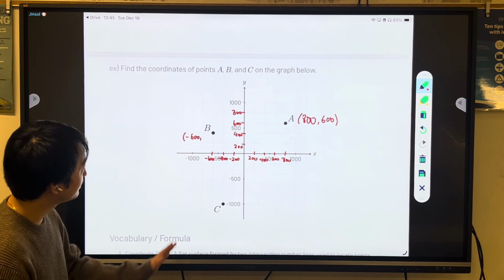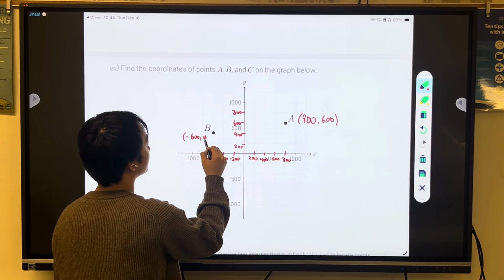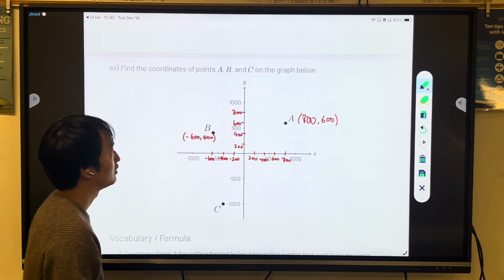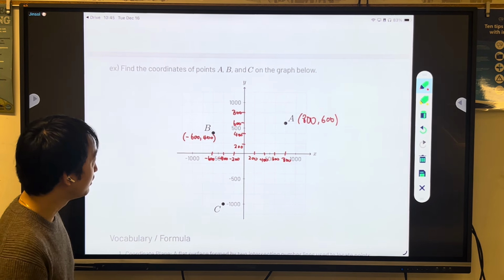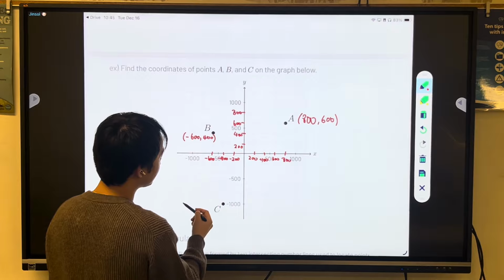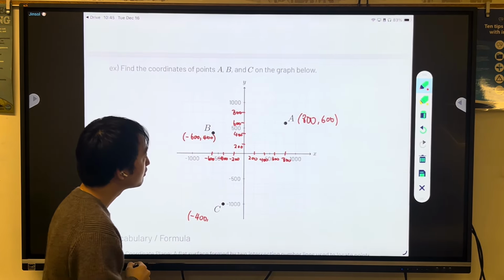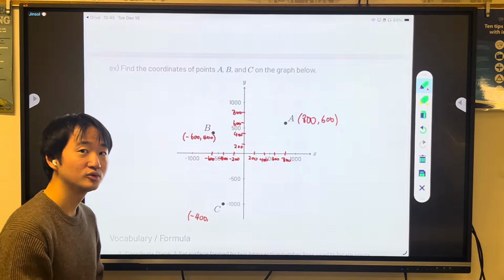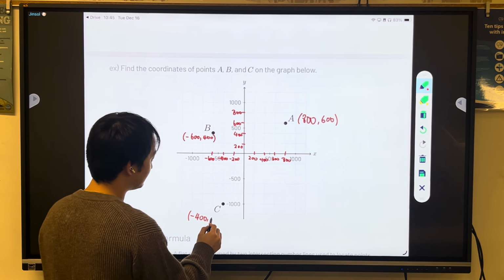And the y coordinate, this time we go upwards to 400. Let's do the last one, C. The x coordinate is 2 ticks left, so that's negative 400. And we go down 5 steps, and it's already written there, so that's negative 1000.